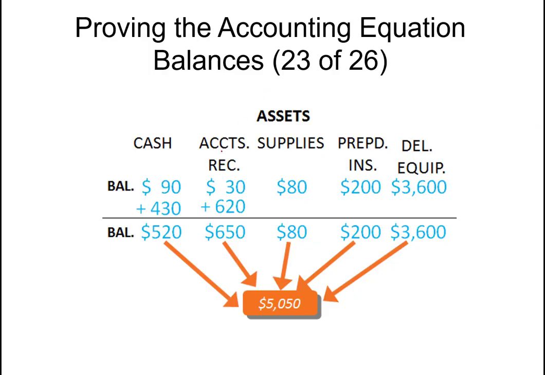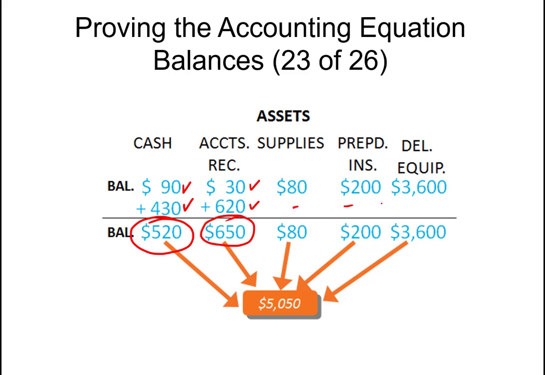So let us look at our cash balance. Our cash balance will increase from 90. We add another 430, so the new balance will be 520. Whereas our accounts receivable, previously we have 30 plus another 620, the new accounts receivable will be 650.